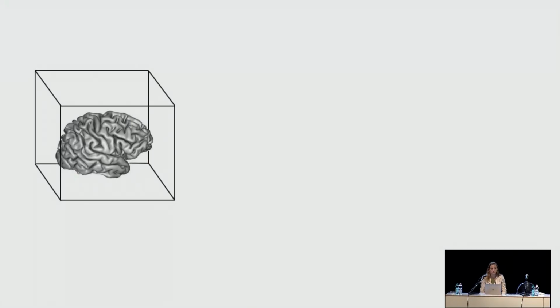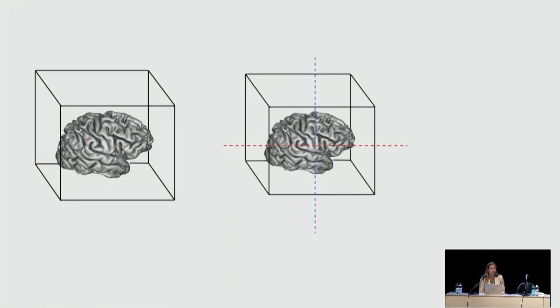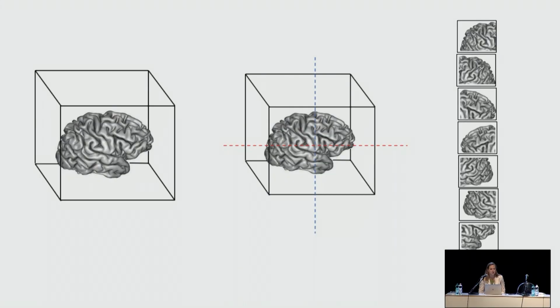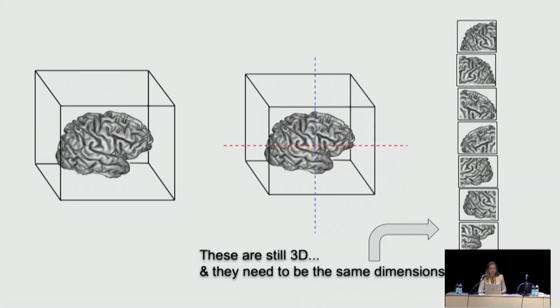So this is kind of a brain example of that last figure. We start with our 3D brain volume. We apply 2 segmentations, and that's going to get us to these 8 different regions that we'll input into our network. I just wanted to note that while they're not represented here in the figure, they're still in 3D.